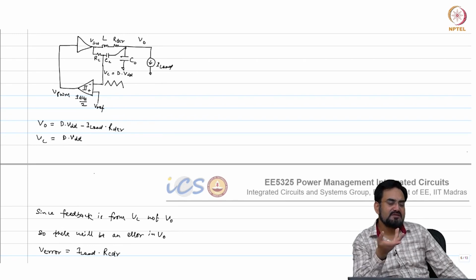Ground level of C naught? If you change the C naught? No, instead of CC, if we somehow have something like I load RDCR. Yes, but how do you know RDCR? Do you know RDCR?